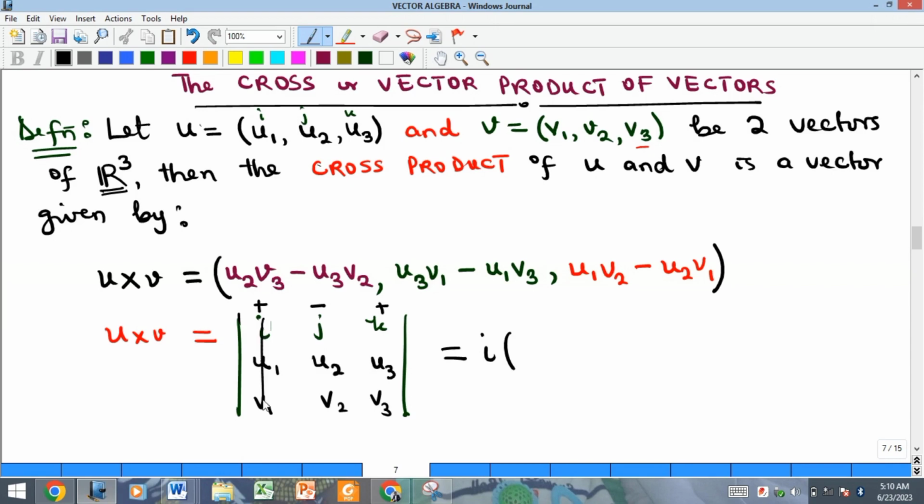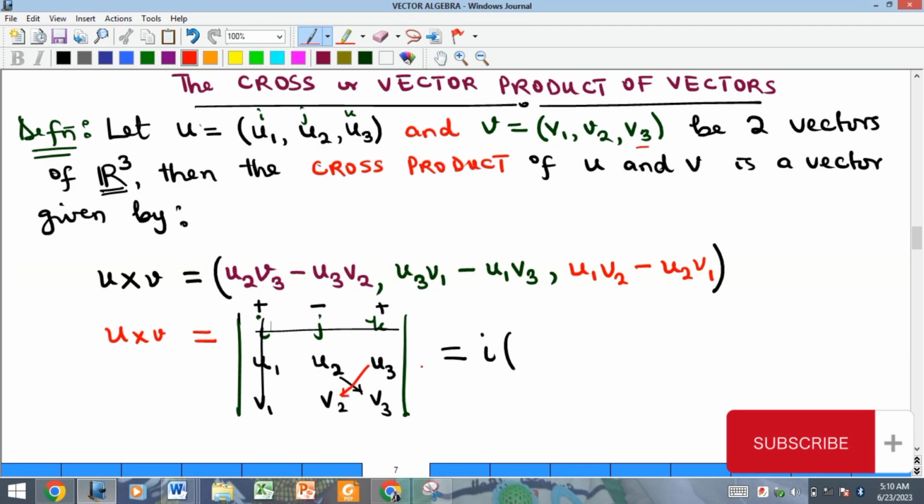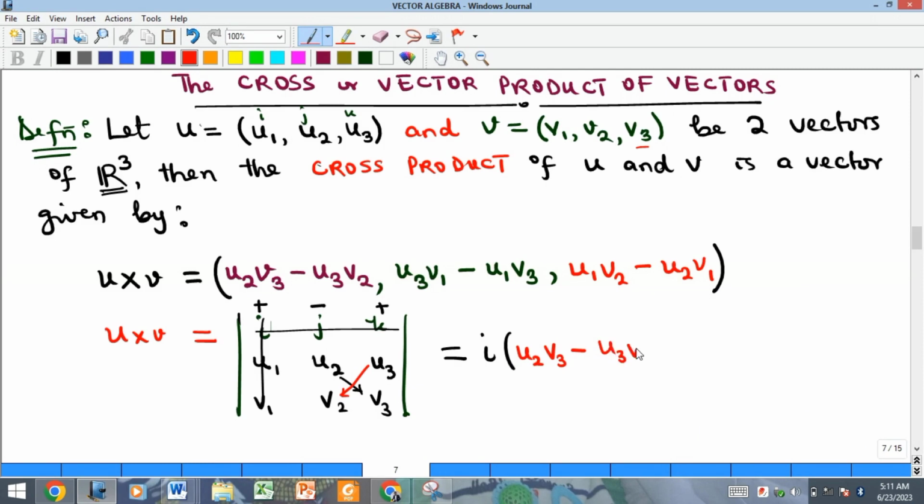You will cross this and also cross this, and then you will take your normal diagonal multiplication. This will multiply this, and this one will multiply this, and you subtract. So I'm going to have u2 multiplying v3, then minus u3 multiplying v2.